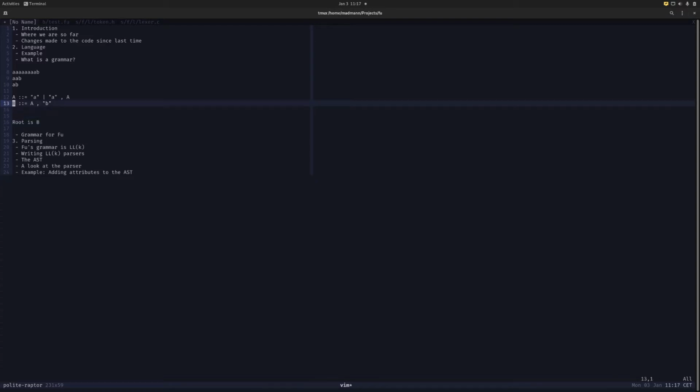Or I can choose to take the second option, which would be in this case to have a sequence of A's with one more A. So I would have A, and then B. But then A is not a terminal, so I need to reapply the rule. Again, I would have to make a choice. So I could just do A, B, for instance, and that would give me the word AAB, which is accepted by this grammar, and so on and so forth.